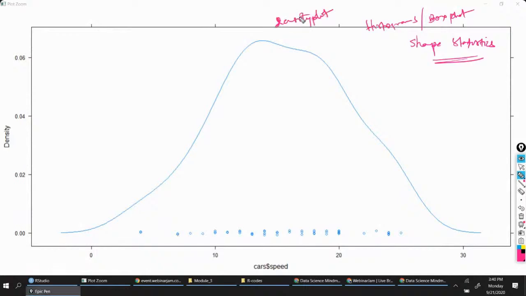Now we are looking at density plots, different types of density plots, the distribution concept, probability distribution. We write in short as ND, normal distribution. It has specific properties and all that, right? So this is about your shape distribution.